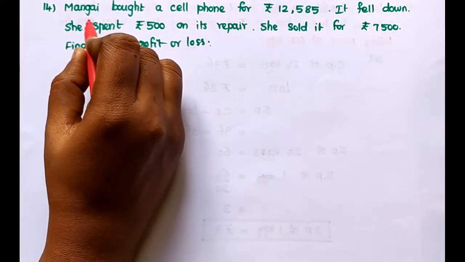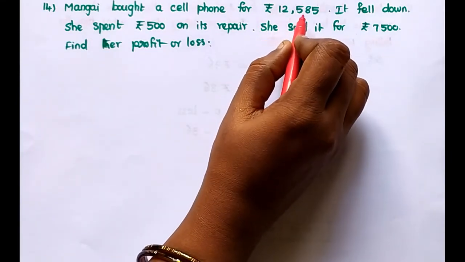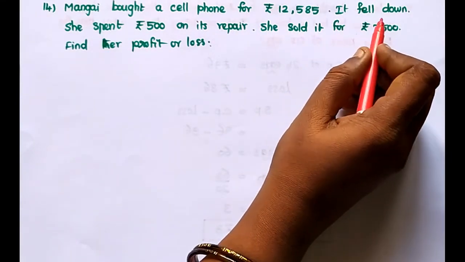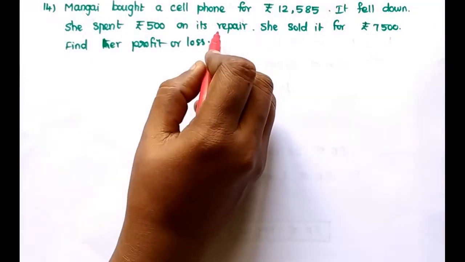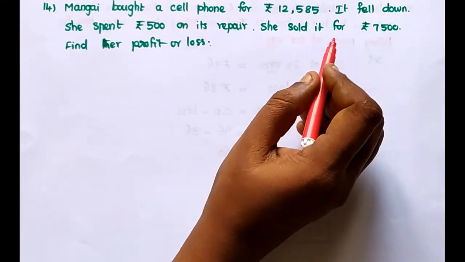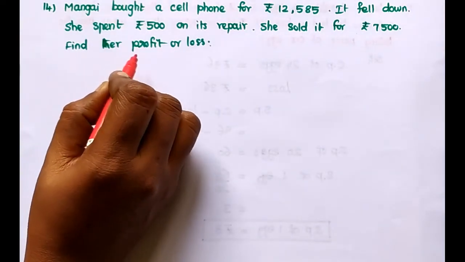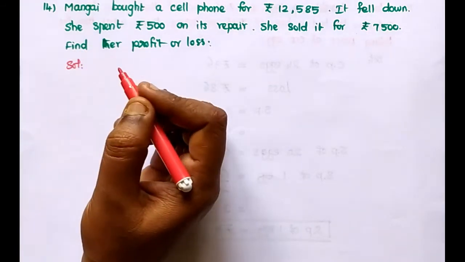Fourteenth sum. Mangai bought a cell phone for rupees 12,585. It fell down, so she spent rupees 500 on its repair. She sold it for rupees 7,500. Find her profit or loss. Listen.